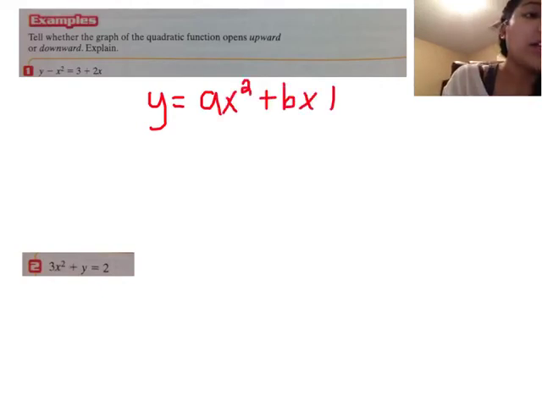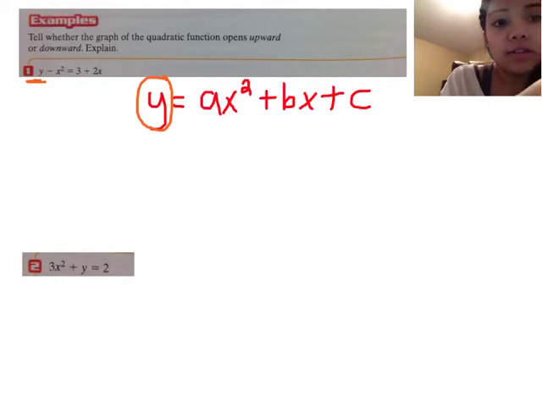Well, if you notice here, my a is a negative 3, so this would be open downwards. And why? Because a is negative.